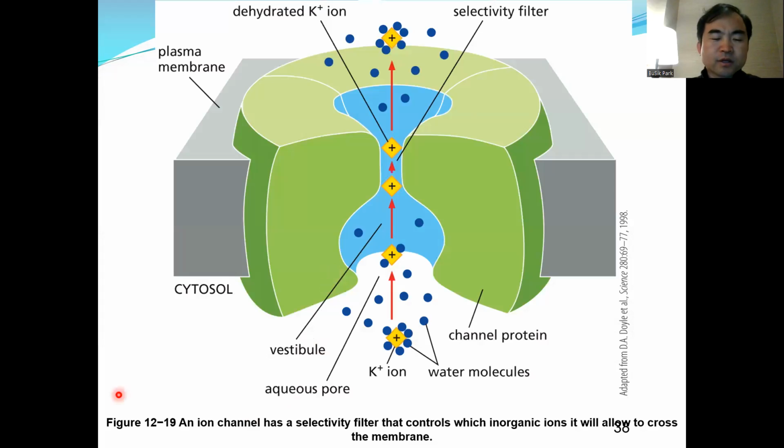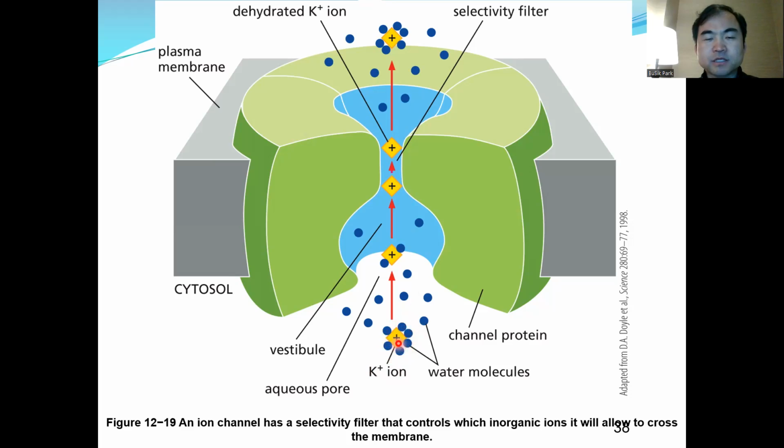So an ion channel has a selectivity filter here, which in this case is narrower. At first, the potassium ion is combined with water molecules.